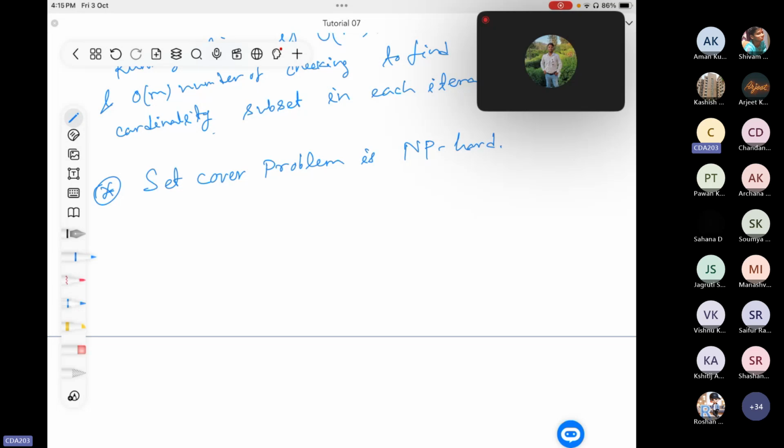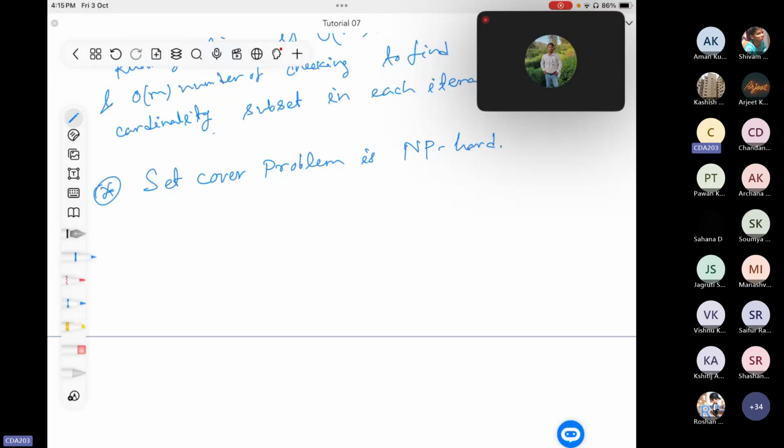You have a set and you're covering it with some other sets. For example, there are some networks and you want to cover some locations with that Wi-Fi network.